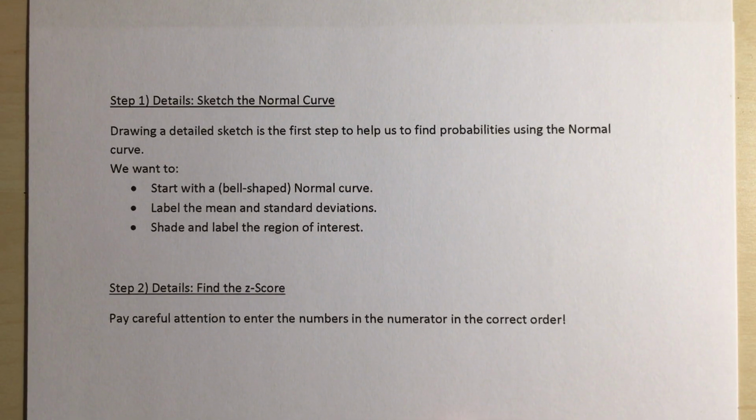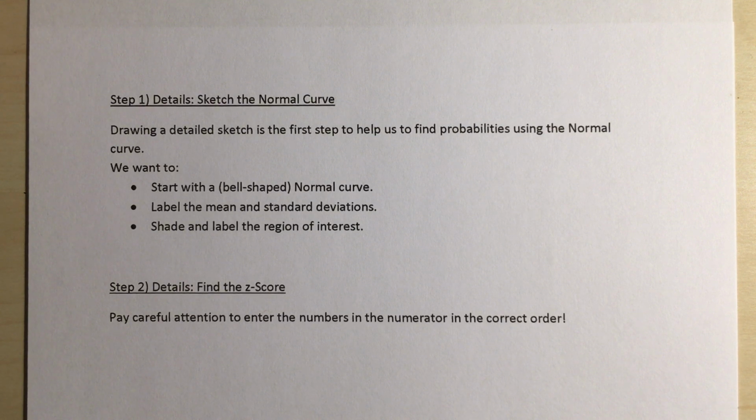All right, so step 1, when we're sketching our normal curve, again, it doesn't have to be a fancy picture, but we do want some details on it. The first thing we're going to do is draw that bell-shaped normal curve. Then we're going to label our mean and standard deviations, and then we're going to shade and label the region of interest. So that's going to be our first step. Step 2 is going to be to find the z-score.